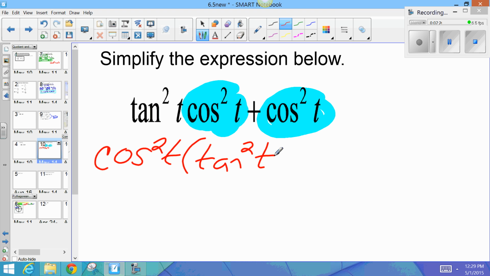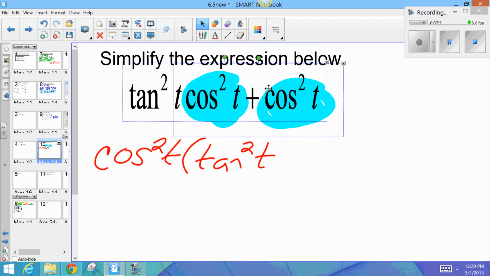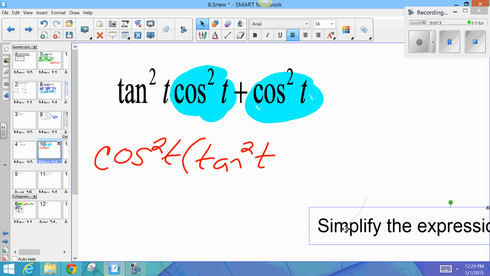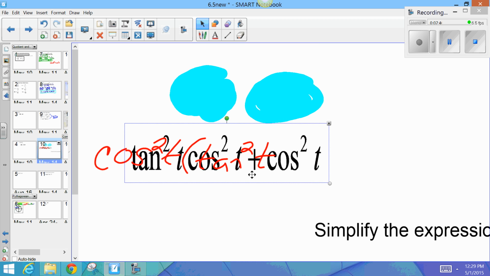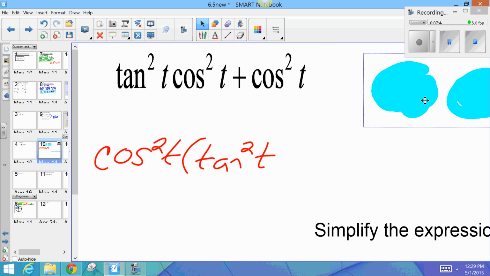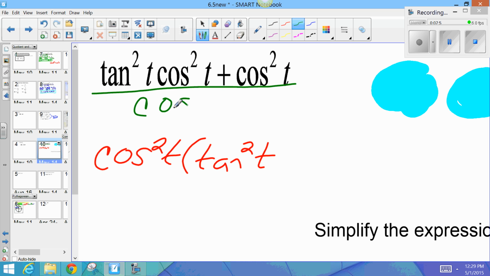Okay, well, maybe it would be helpful if I showed all of this is being divided by cosine squared of t. Okay? So in the first term, I divided cosine squared of t out. I'm left with tangent squared of t.